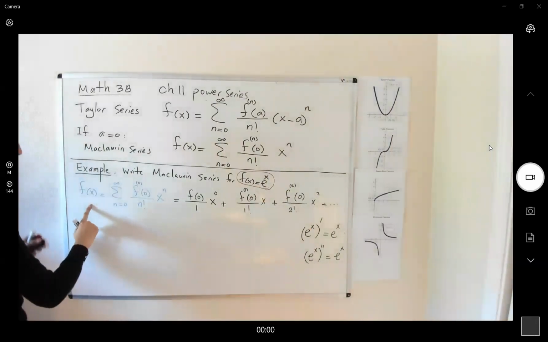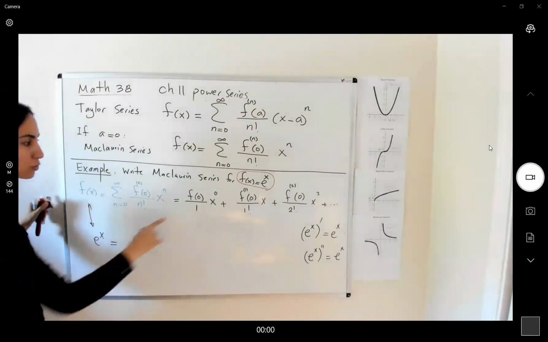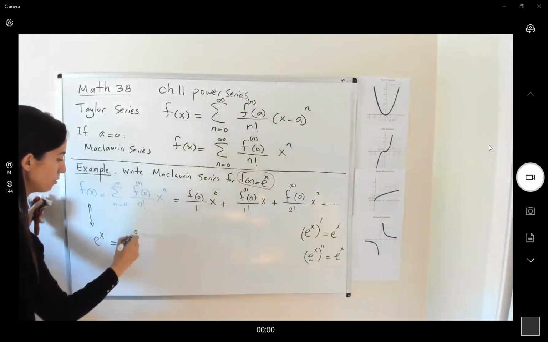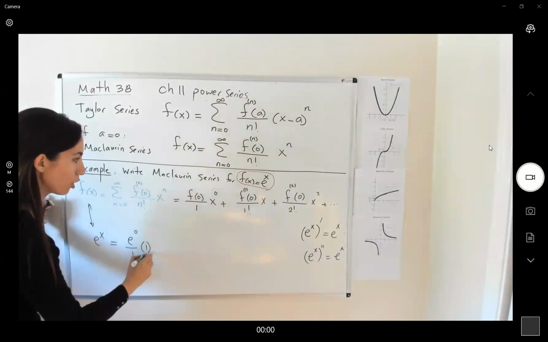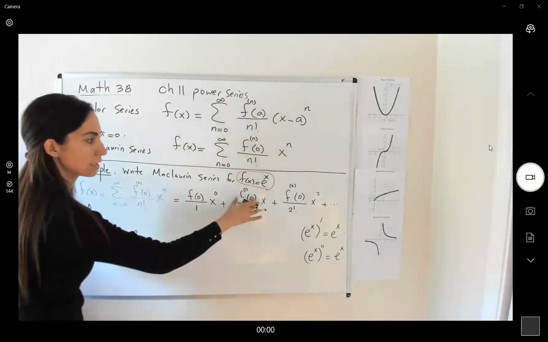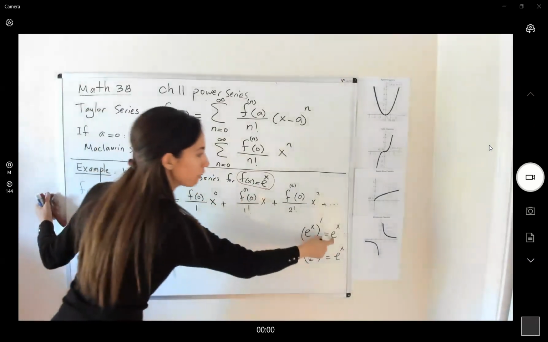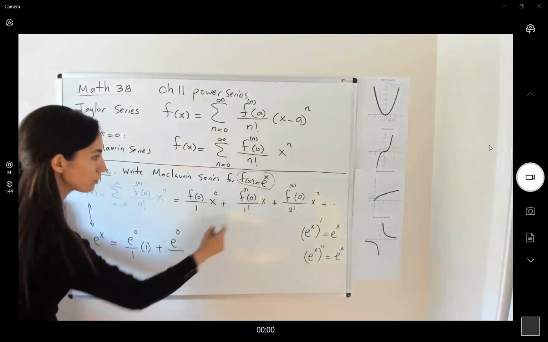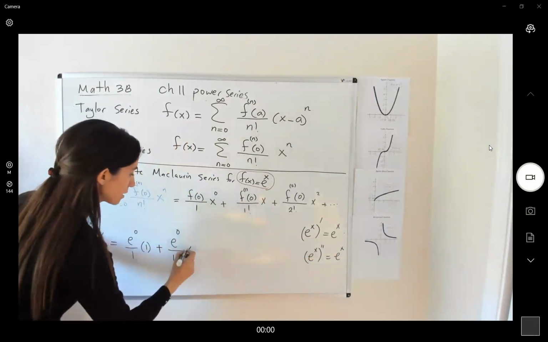So your function f of x, which is e to the x, has a Maclaurin series equal to f of 0, e to 0 divided by 0 factorial, x to 0, which is 1, plus the first derivative, which is also e to the x, so you get e to 0 divided by 1 factorial times x.